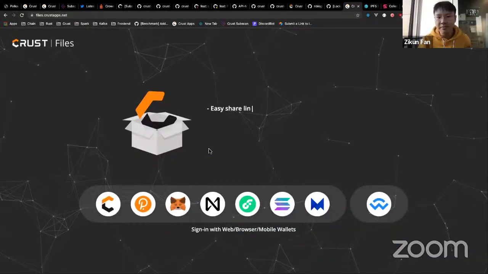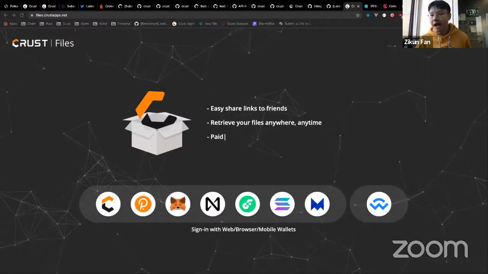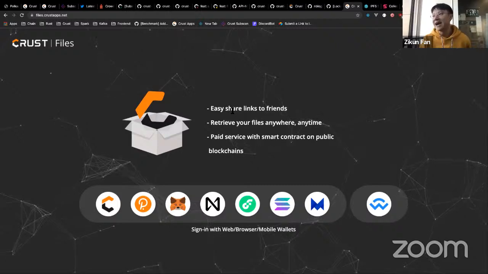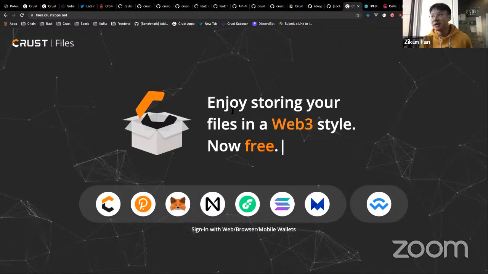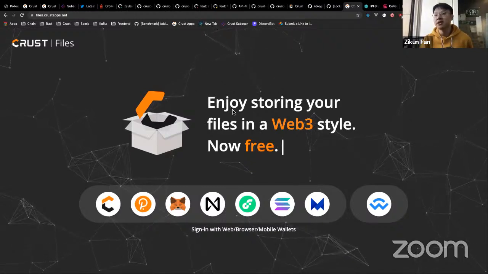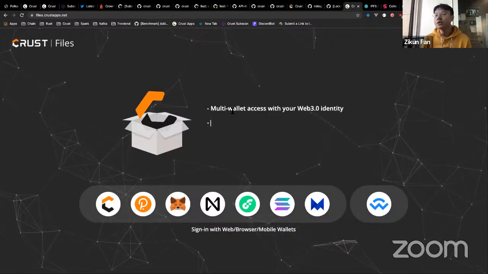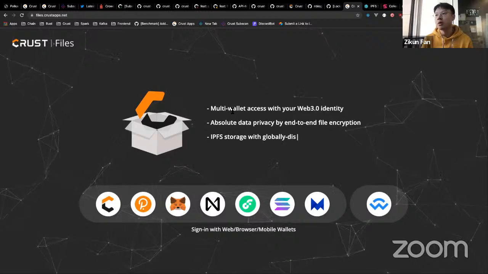Can you guys see my screen right now? Okay. So this product we call Crust Files, and generally speaking it is a decentralized version of Dropbox. With Crust Files, we can use our Web3 wallet to access this decentralized Dropbox.